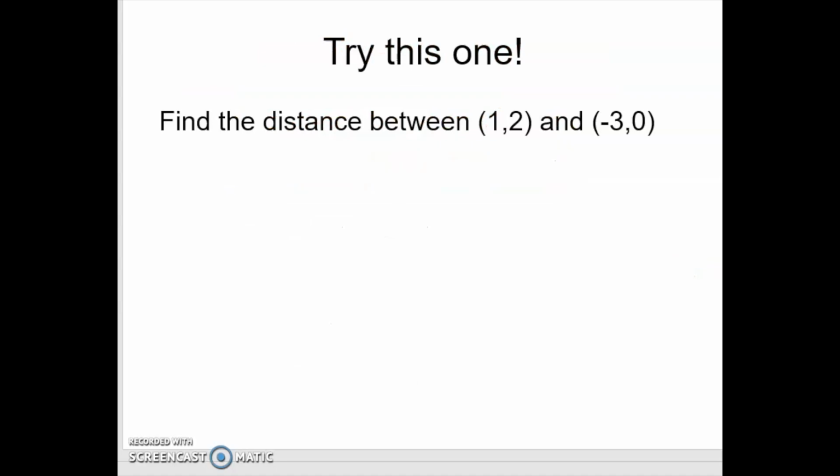So here we have 2 points on our graph, (1, 2) and (-3, 0). And the first thing we always want to do is label them. We'll make this ordered pair 1, so x1, y1. We'll make this ordered pair 2, so x2, y2. It doesn't matter which one I chose as ordered pair 1 and which one I chose as ordered pair 2.